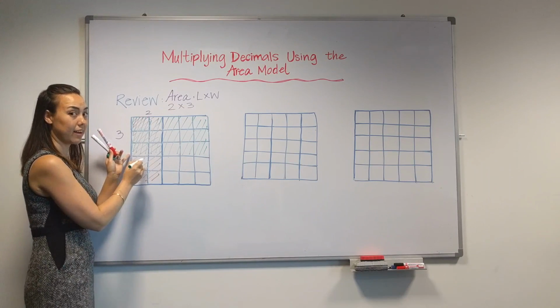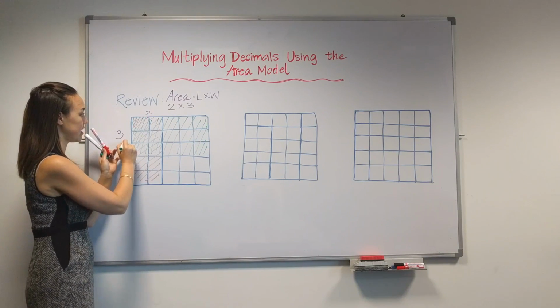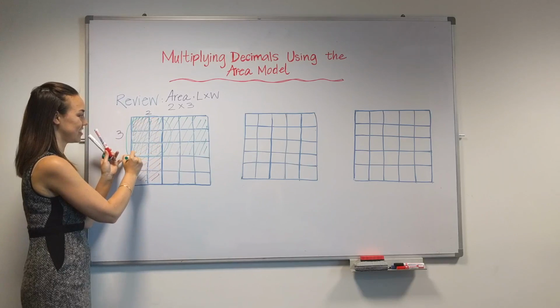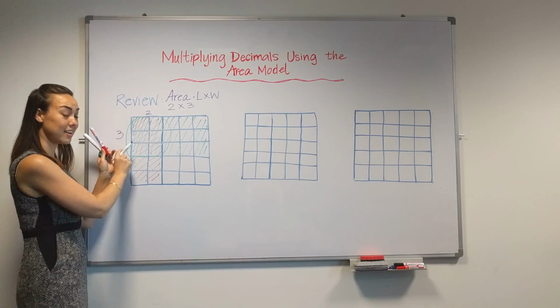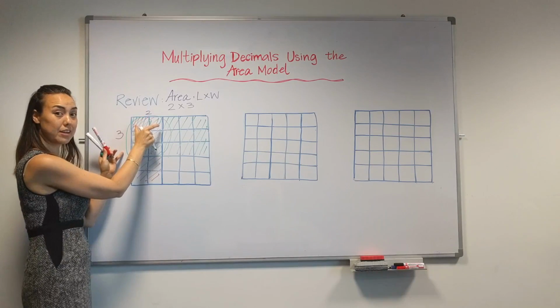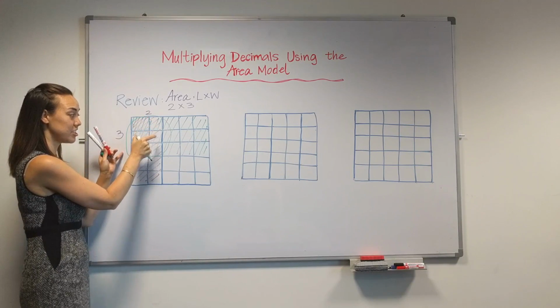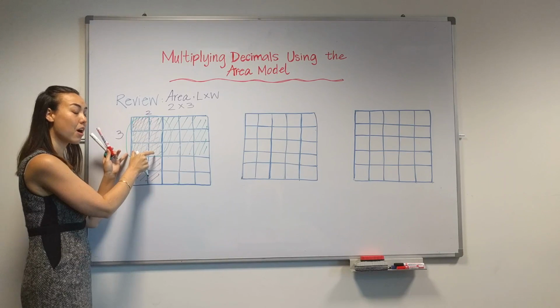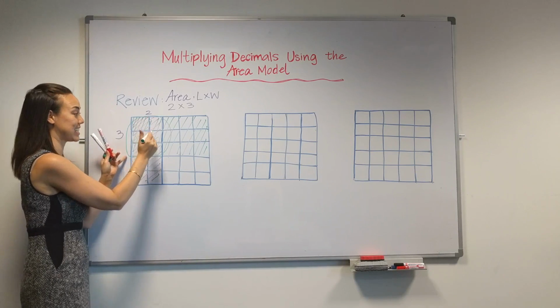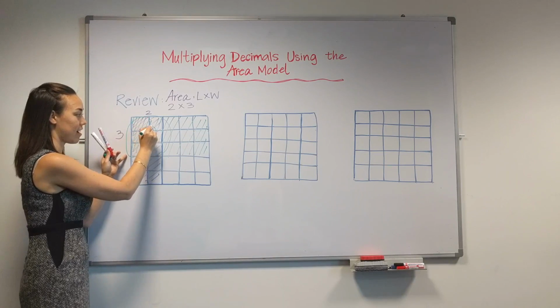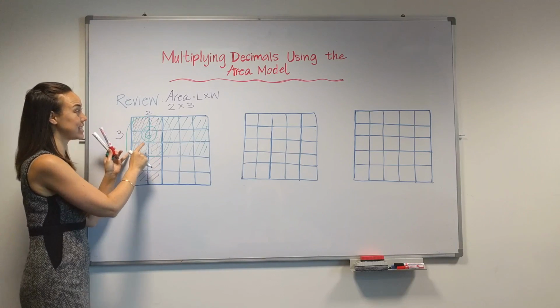The overlapping area, right here, is the product of 2 times 3. In other words, these 2 squares are appearing 1, 2, 3 times. Altogether, how many squares do we have? 2, 4, 6. Our area, or our product, is 6.